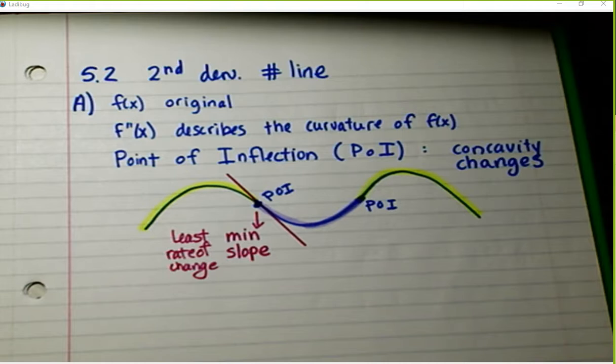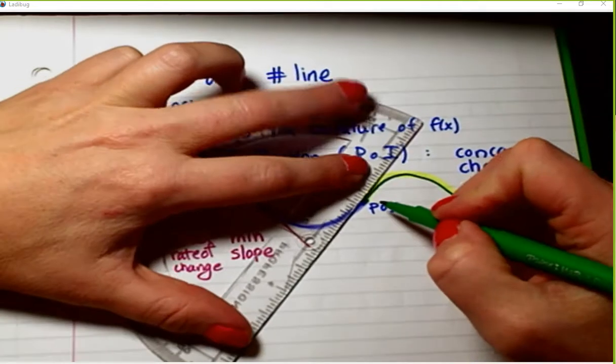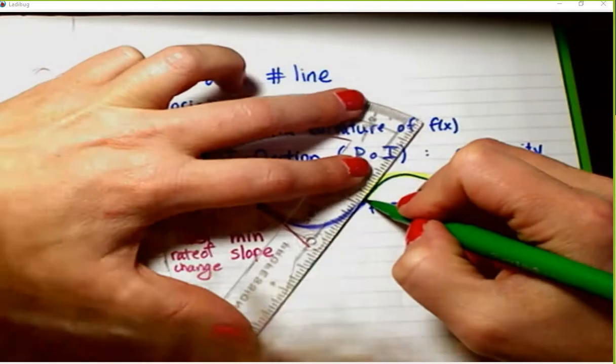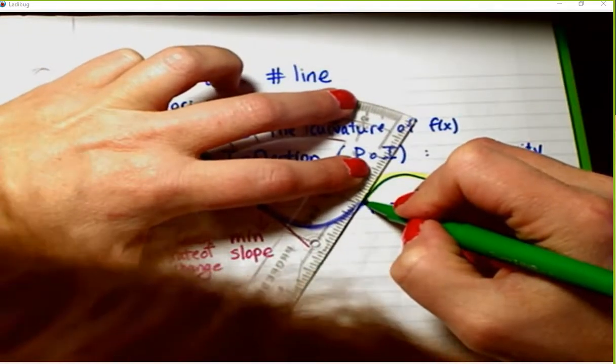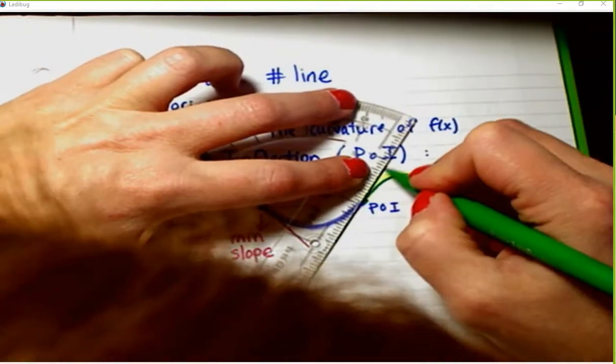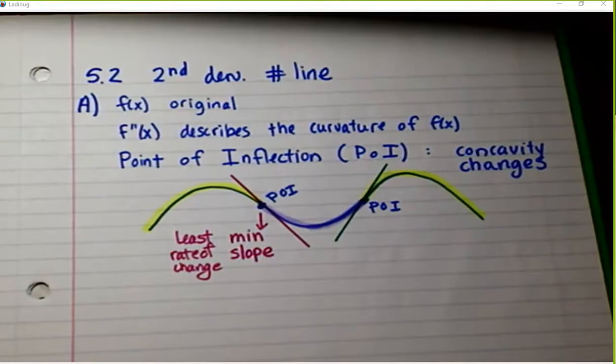Okay. The other point is the maximum slope. Okay, so I'm just drawing that tangent line to show you that it's the greatest slope.